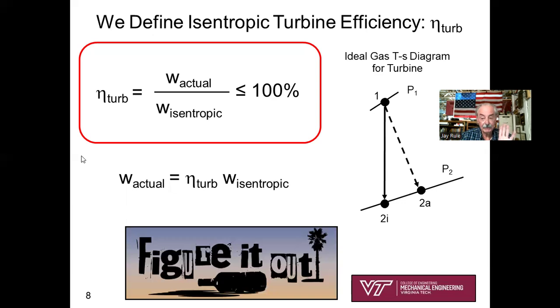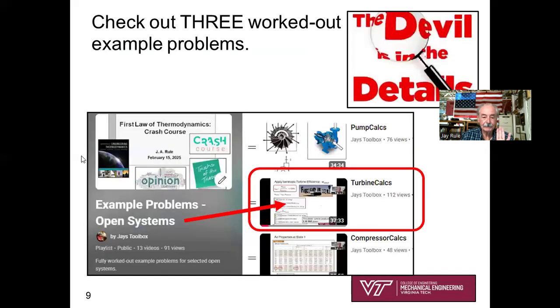All right, so here we go. Some more notes. The devil is in the details here. I've created a video in the past where I give 3 worked out example problems for making these types of turbine efficiency calculations. So if you go to my example problems open systems playlist and click on turbine calcs, you're going to be able to get 3 example problems worked out.